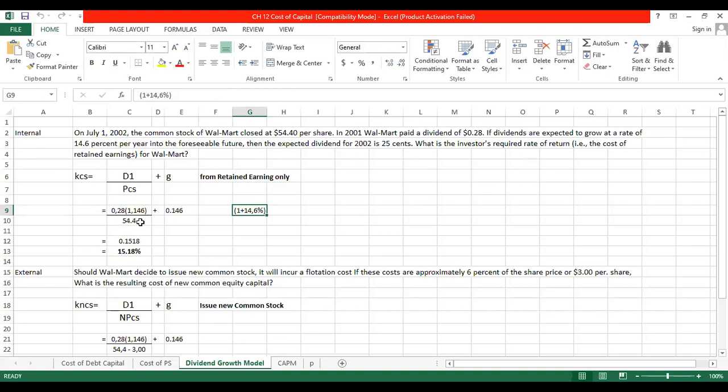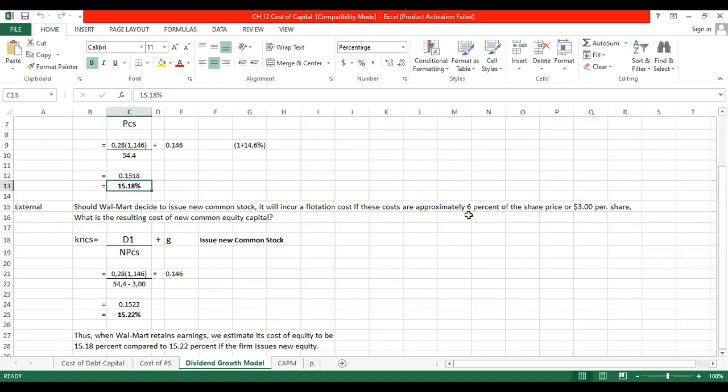Then you divide it by the price itself, and you add the growth here. It should be 15.18%. This is from the retained earnings.